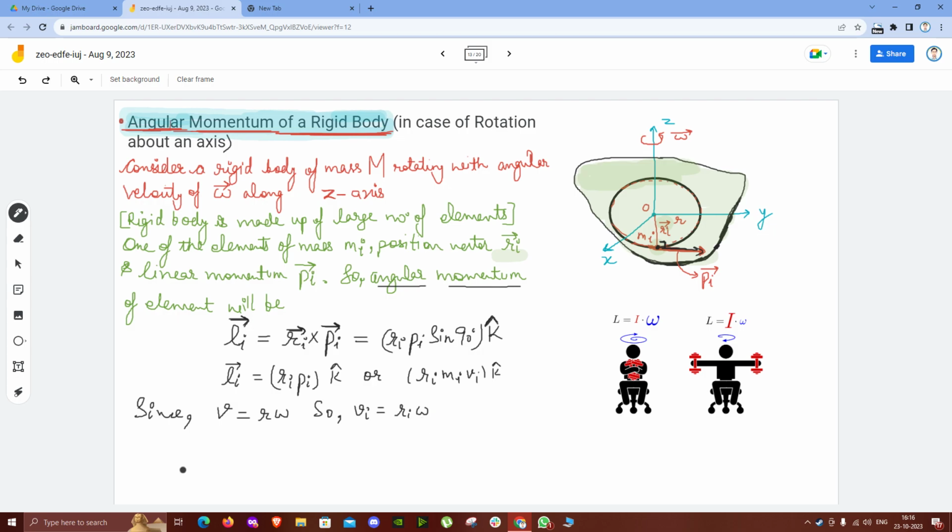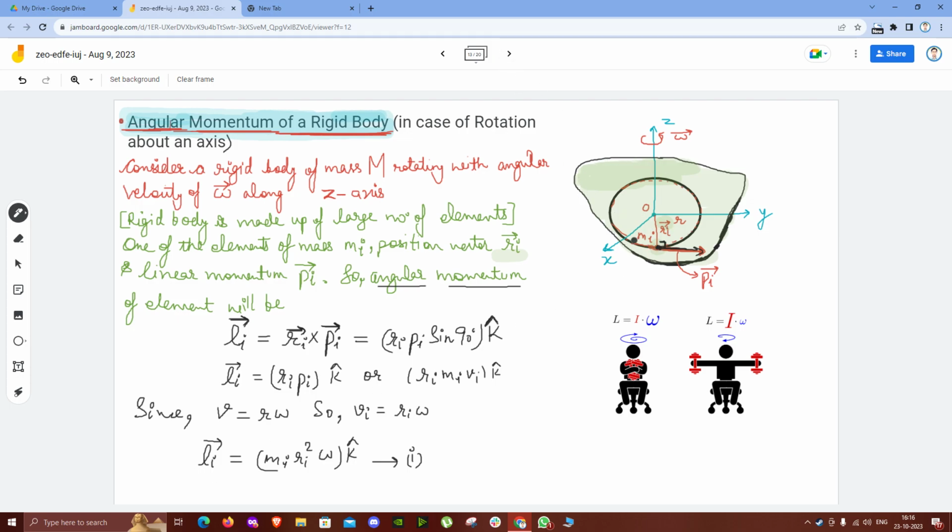Okay, so li vector will now become mi ri square omega k cap. Up to now this is the angular momentum. Let's take this as equation 1. Now this is the angular momentum of the element mi.